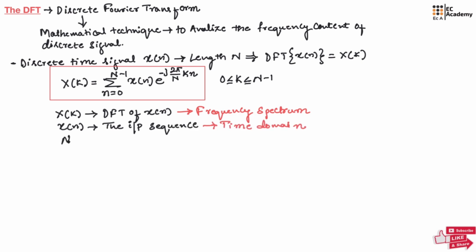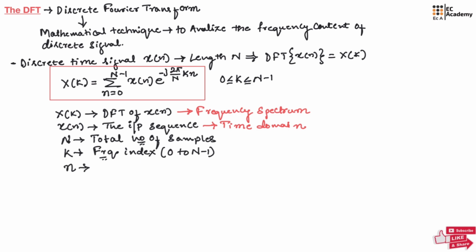Capital N represents the total number of samples in a given signal. K is the frequency index which is ranging from 0 to N minus 1. Small n is the time index which is also ranging from 0 to N minus 1.